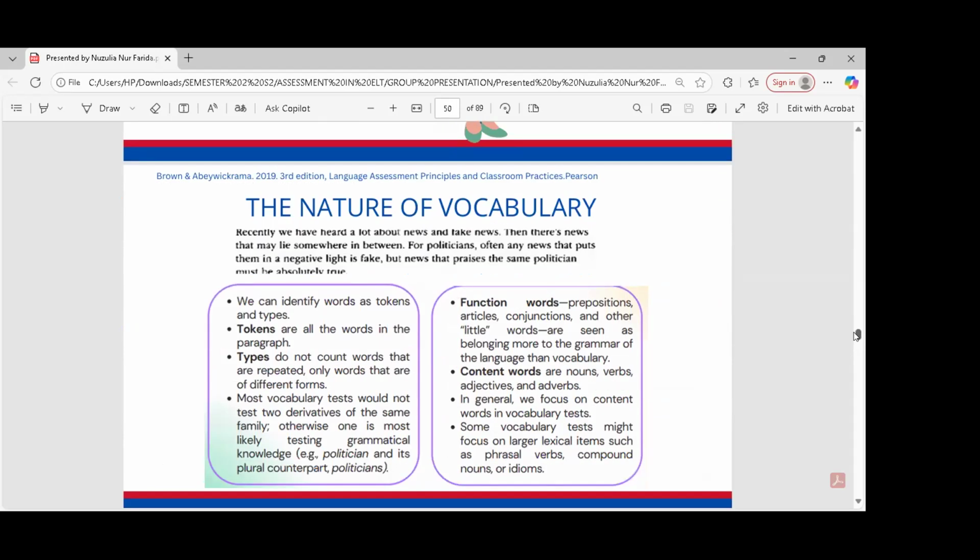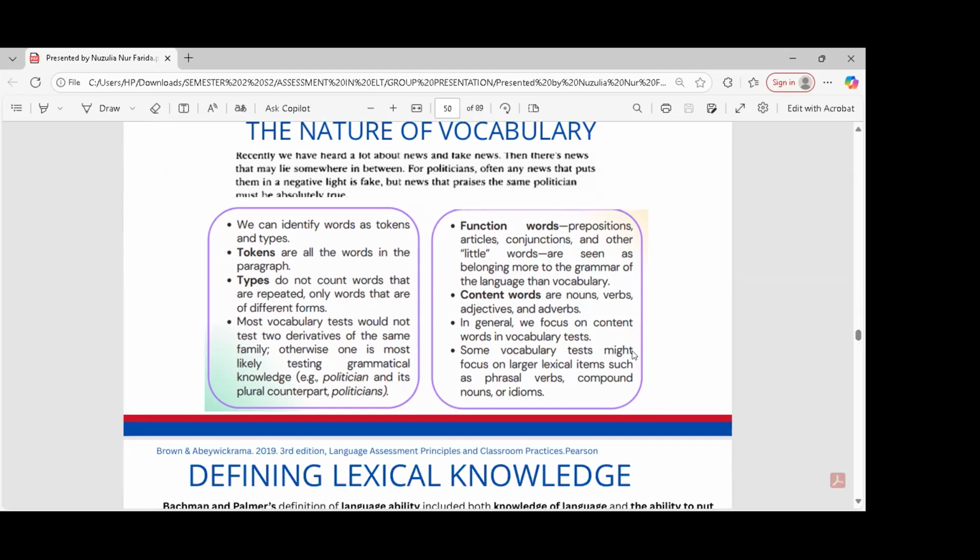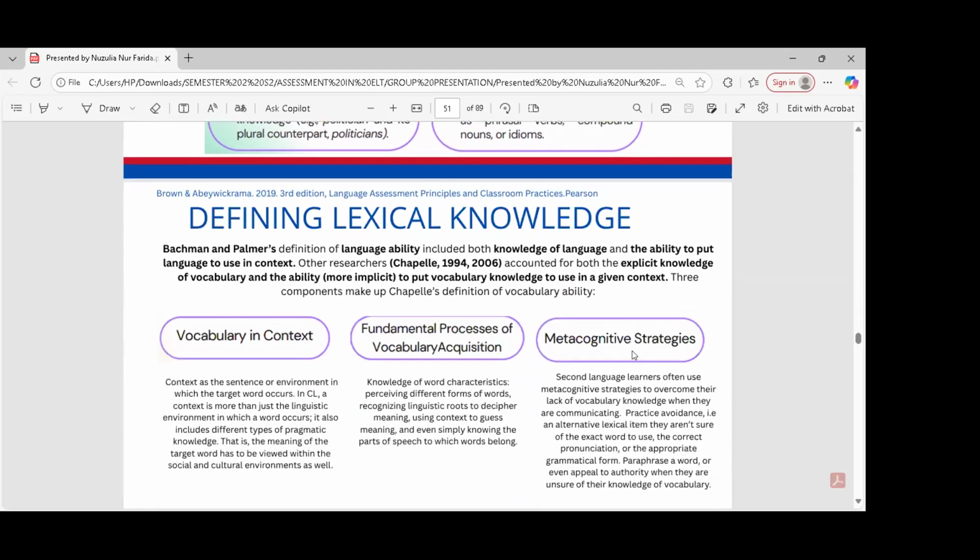So here is the nature of vocab. Yeah, we identify words into tokens and types. So tokens are all words in the paragraph, and types are the words that are of different forms. Yeah, this is for defining lexical knowledge.